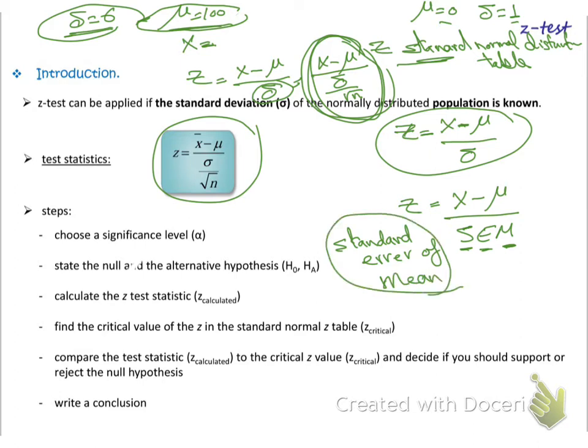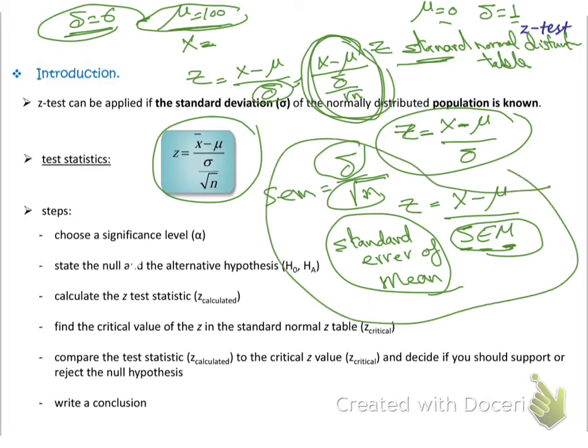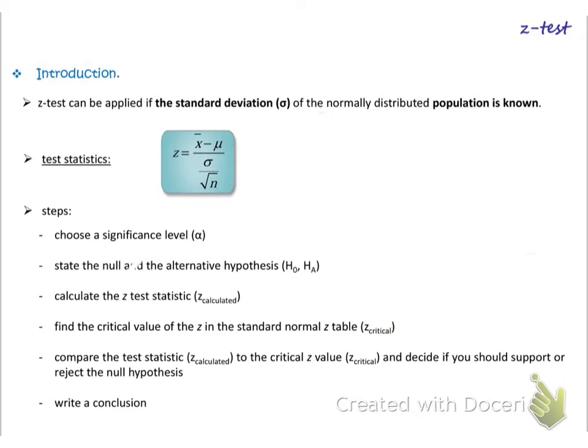So we said that we can use SEM instead of sigma, and SEM equals sigma divided by the square root of n, sigma of the population and n of the sample. So if we are talking about the mean, we can still say that SEM equals sigma divided by the square root of n, and n for the sample.